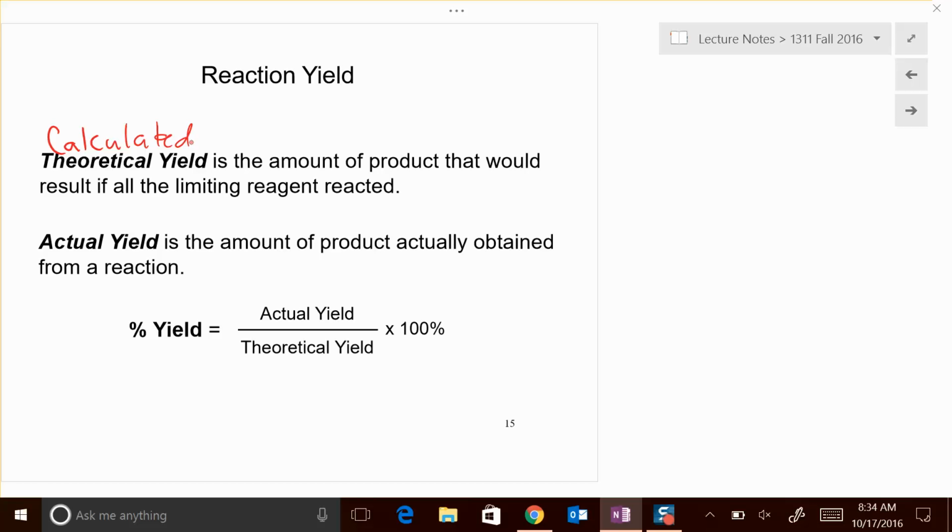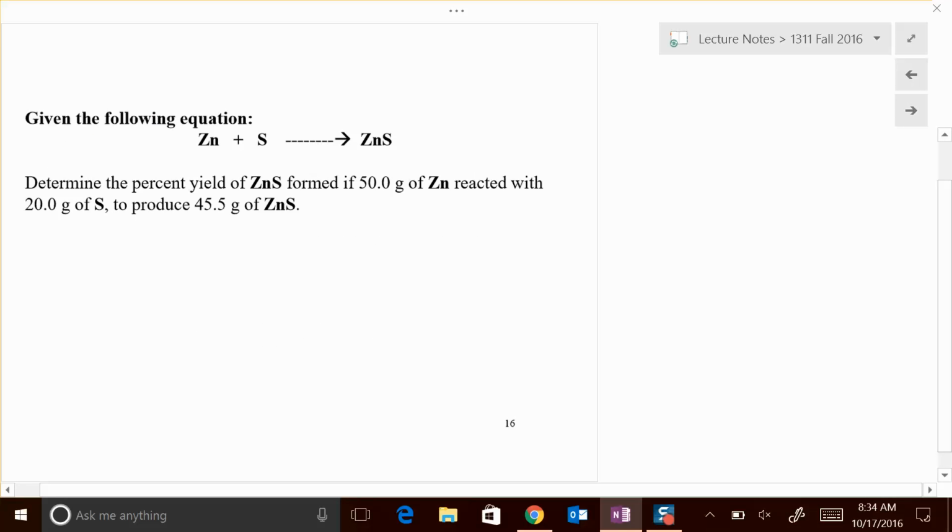And so here's some examples. Determine the percent yield of zinc sulfide formed if 50 grams of zinc reacted with 20 grams of sulfur to produce 45.5 grams of zinc sulfide. So earlier, didn't we determine, this is the same example, right?